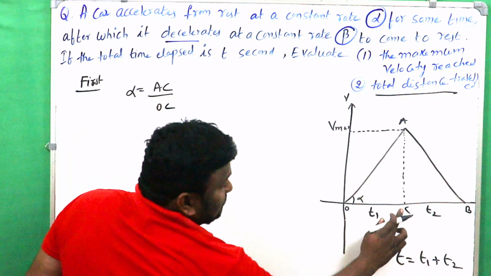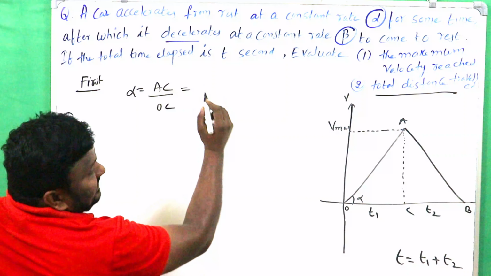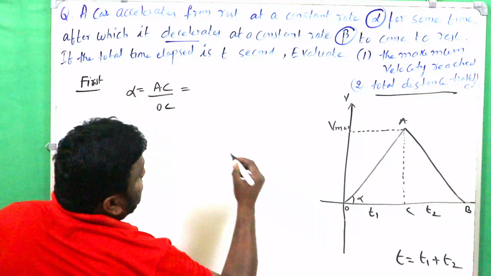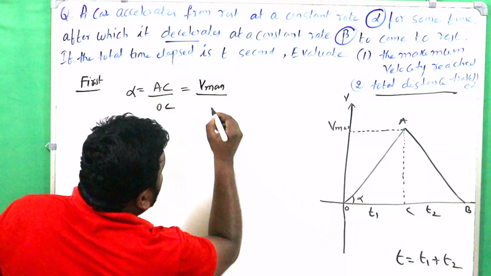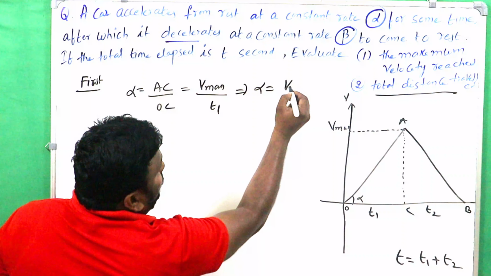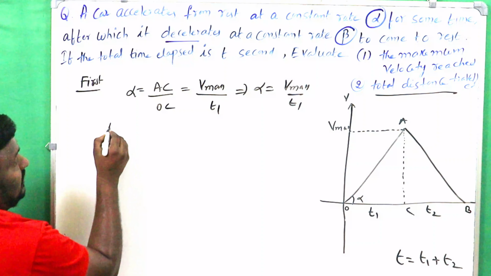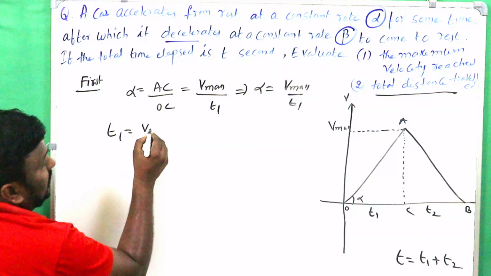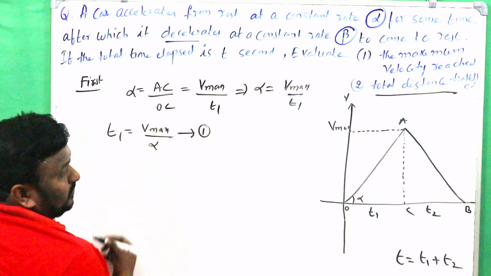AC is equal to V maximum. That's why V maximum by OC, which is t1. That means alpha is equal to V maximum by t1. From that, t1 is equal to V maximum by alpha. So this is equation number 1.